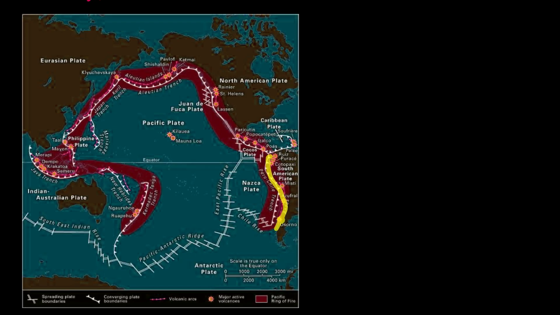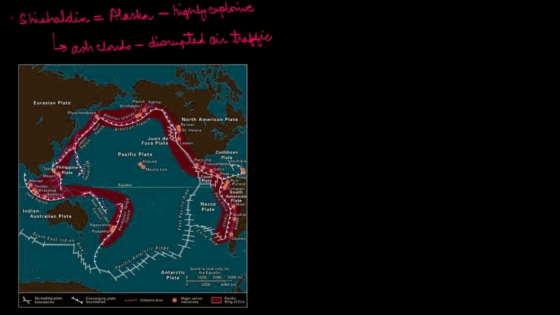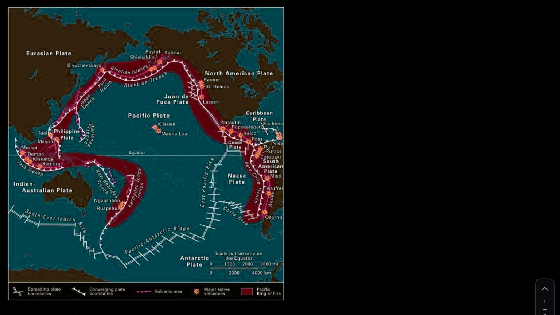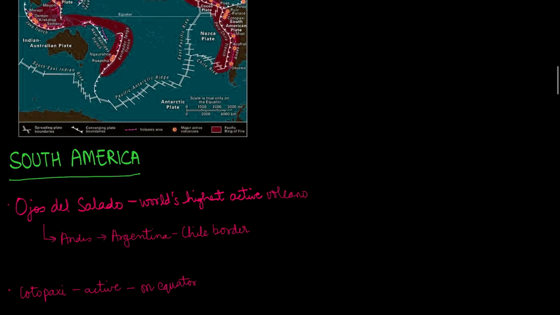There are many on the South American side, on what we call the Nazca plate. Here are the Japan Trench, the Kuril Trench, and the Mariana Trench. There are many volcanoes which we'll have a look at. This is the Pacific, and Kilauea, Mauna Loa, and Mauna Kea are prominent volcanoes.